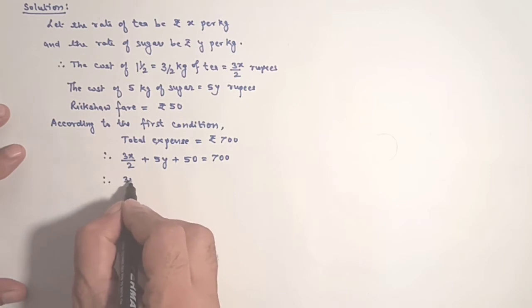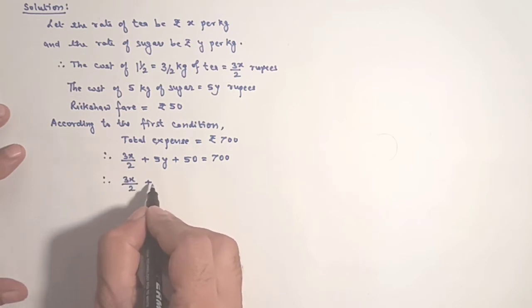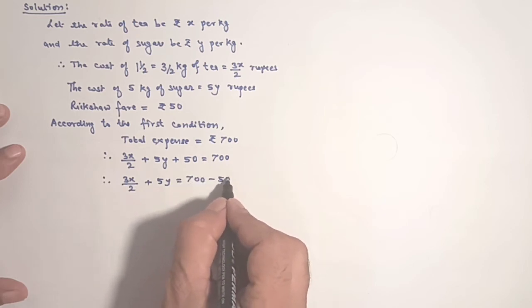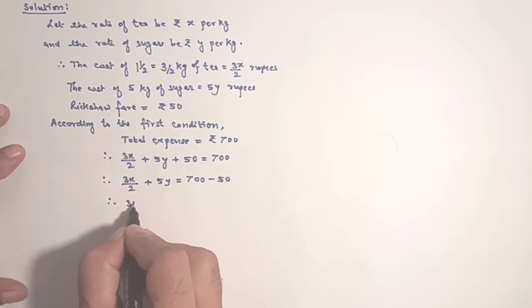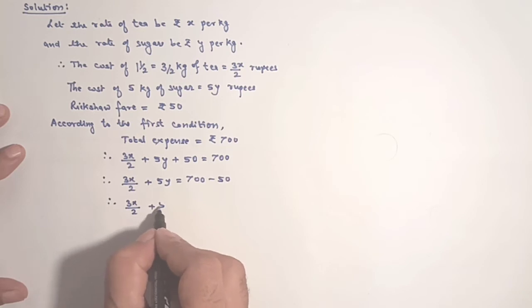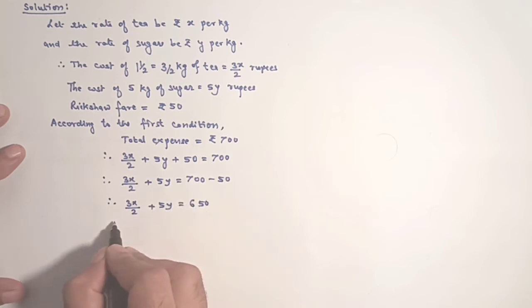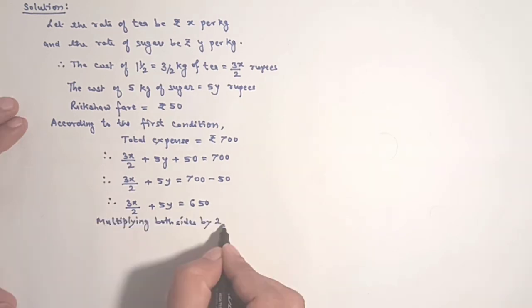Therefore 3x upon 2 plus 5y is equal to 700 minus 50, which is 650. Now multiply both sides by 2.